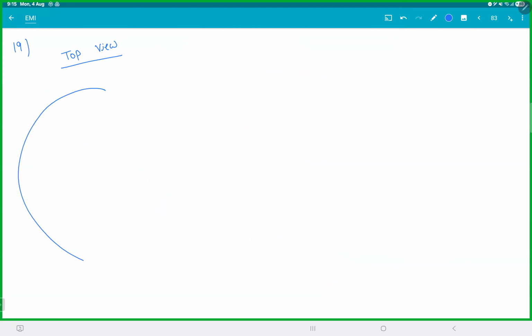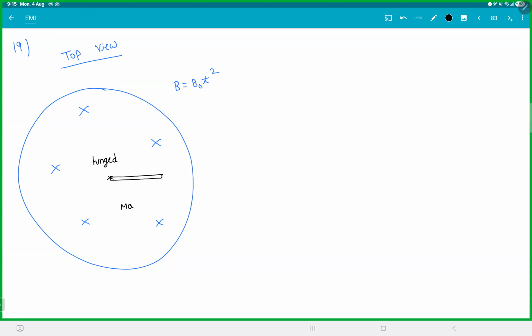Top view, let's say we have a magnetic field region where B is equal to B naught T square. So from the center, you kept a rod. This is hinged. Light rod.